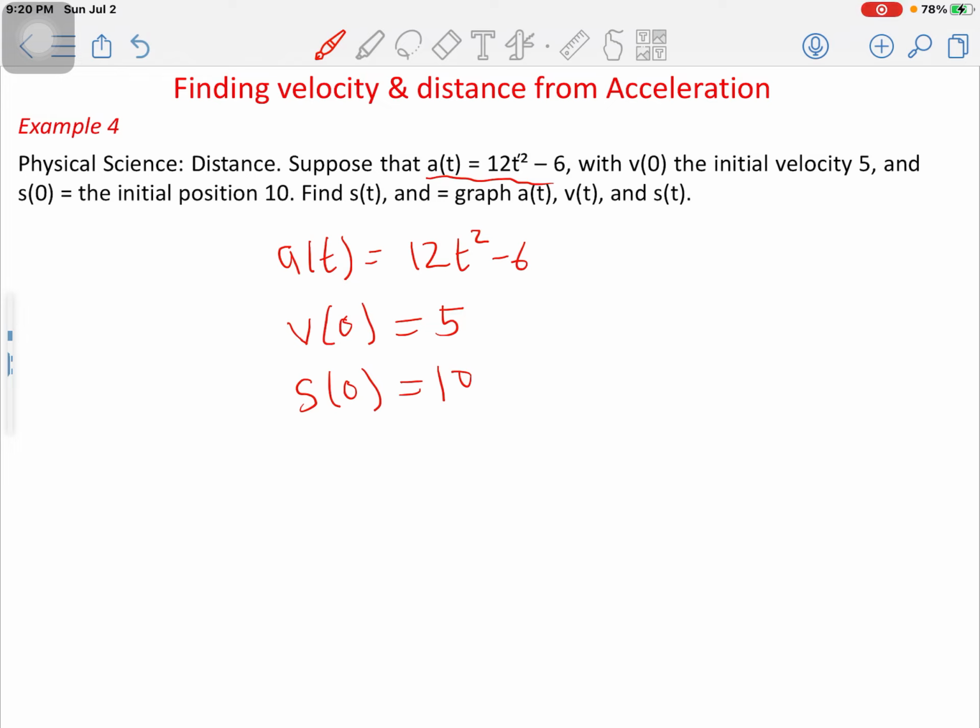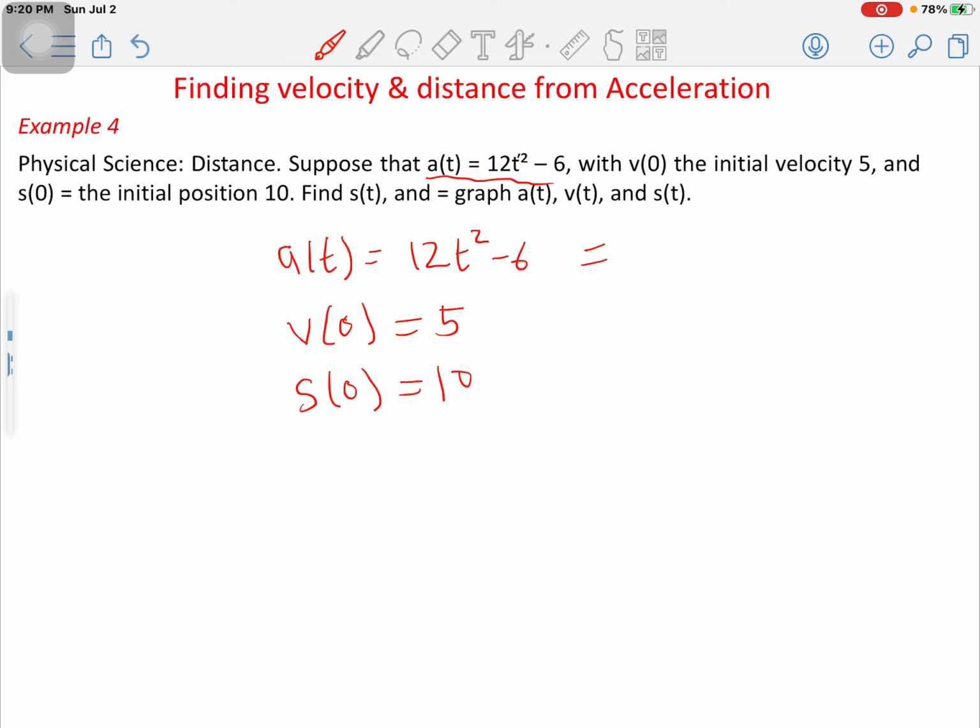Now we have these parameters. We have the acceleration function, we have the initial condition for the velocity, and we have the initial condition for the position or the distance. The question is asking us to find a distance function. So when we pick the acceleration function, we need to integrate it.